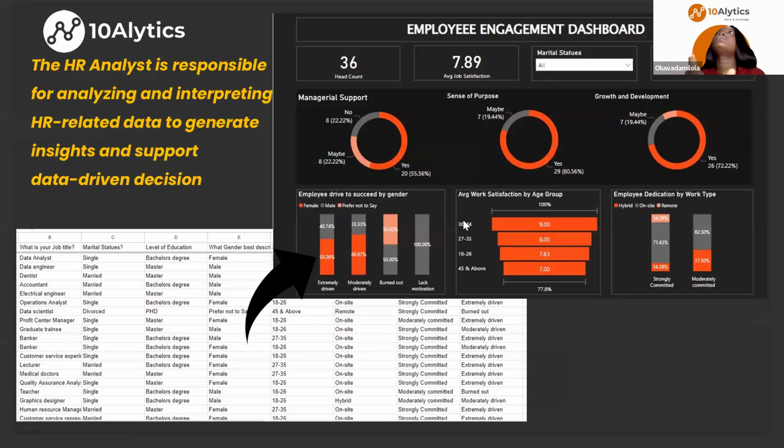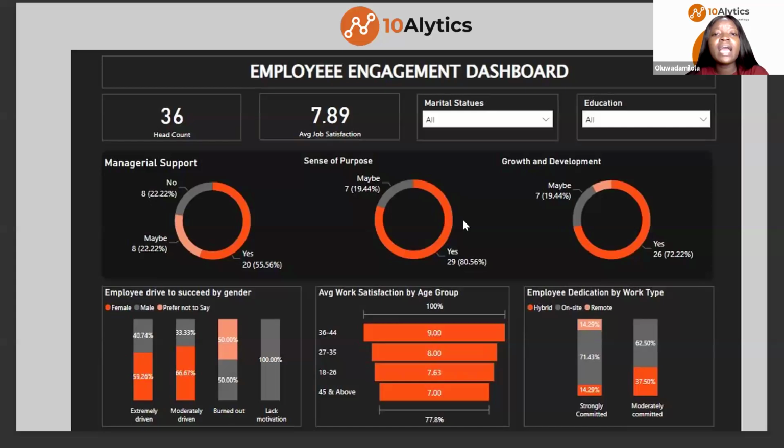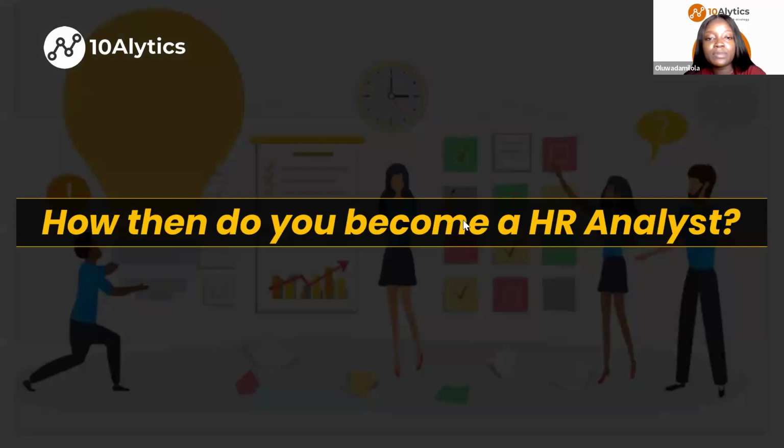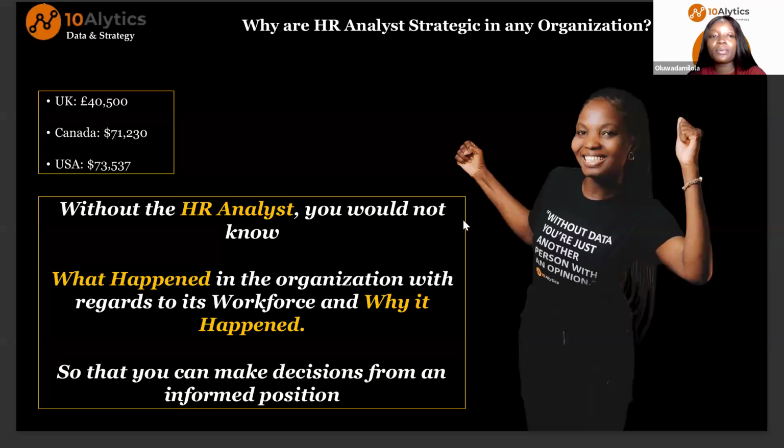With the knowledge of what you've learned today and everything that you're going to be learning in the course of the program, you'll be able to analyze and interpret HR data to generate insights and support data-driven decisions within the company. This is a screen snip of the dashboard that we just finished. Now, how then do you become an HR analyst? How do you move into this tech program?